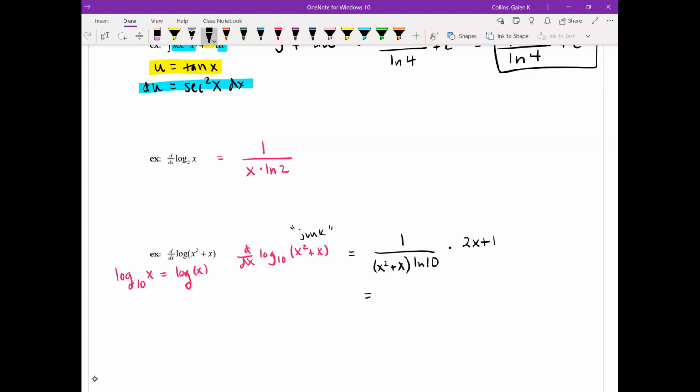So we end up with 2x plus 1 over x squared plus x times the natural log of 10. So the way I was thinking about that would actually be more complicated, and there's probably no reason to do it the harder way. So that's just what we get when we do it that way.